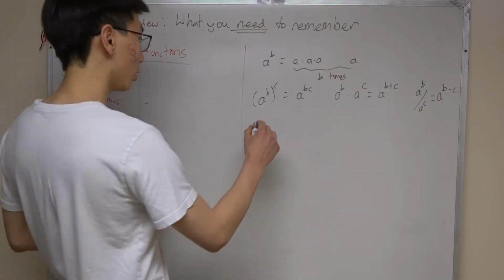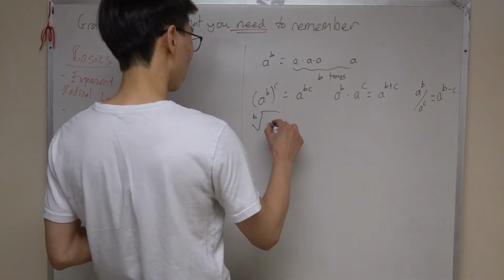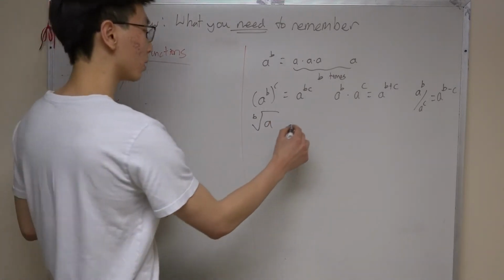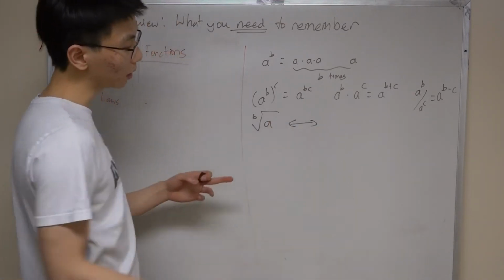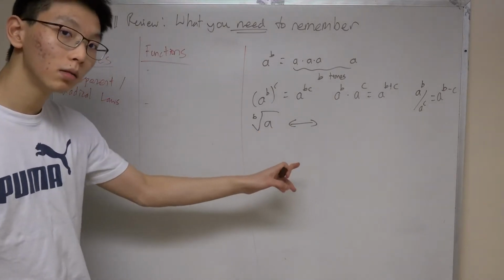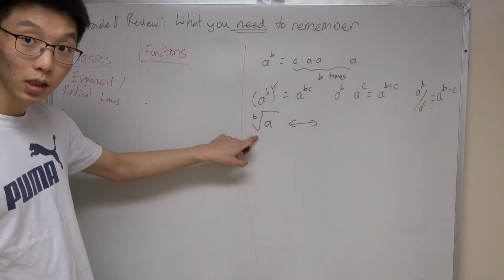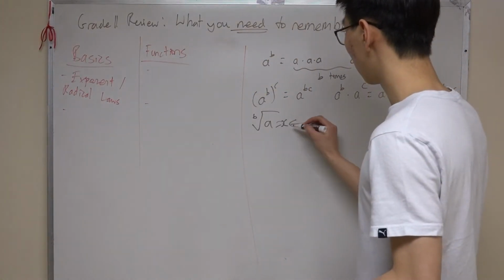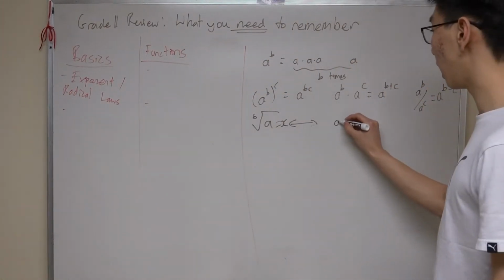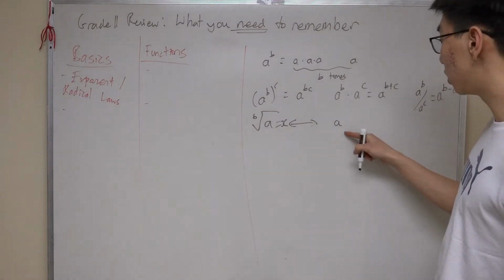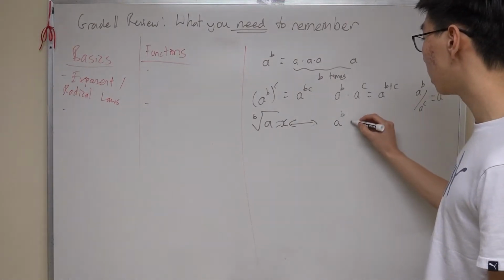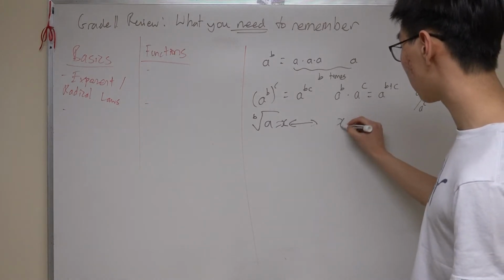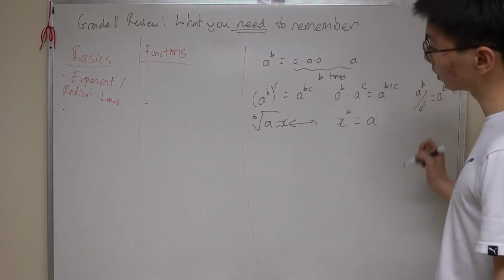Similarly, we have radical laws. So you can take a root of a number, the bth root of a number, and whenever I write the radical symbol, it means the same thing as: x raised to the bth power is equal to a.